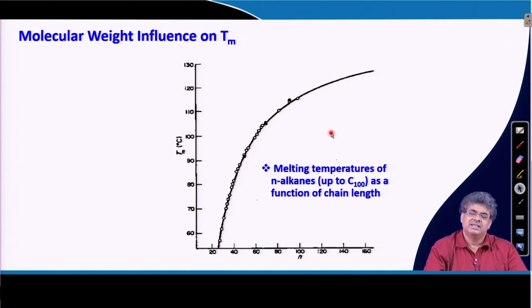And generally the molecular weights we use in commercial applications for synthetic polymers are quite high. So, the dependence of Tm on molecular weight in that range becomes less important.